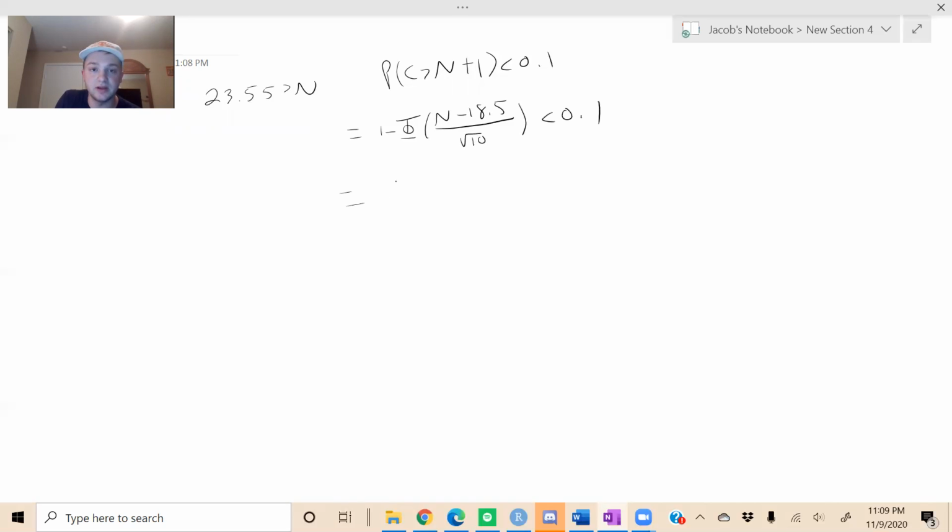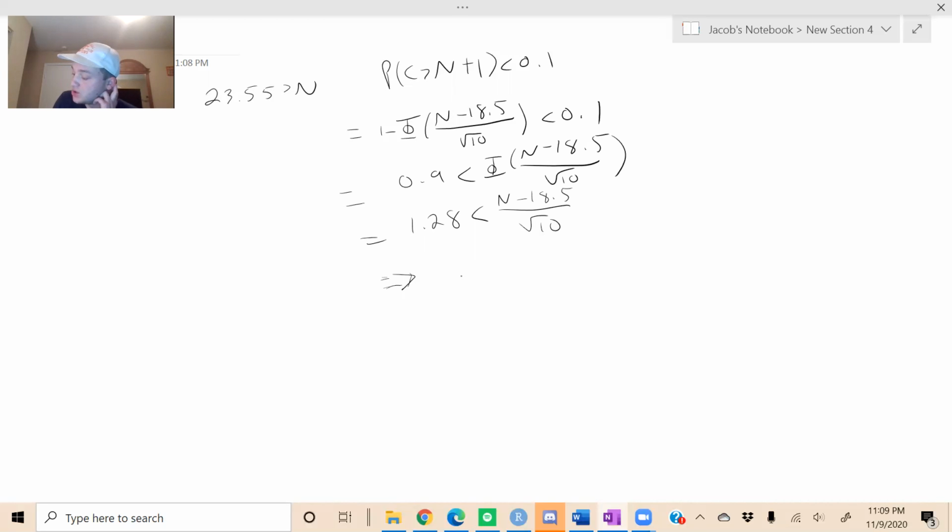Let's rearrange it a little bit into 0.9 is less than this, n minus 18.5 divided by square root of 10. We know that the inverse z-score of 0.9 is 1.28, and then this implies that 22.54 is less than n.